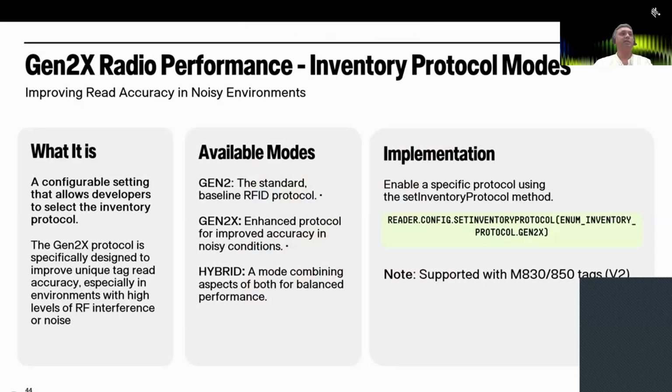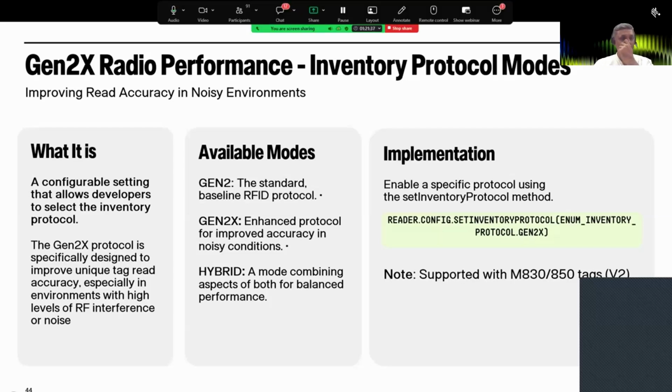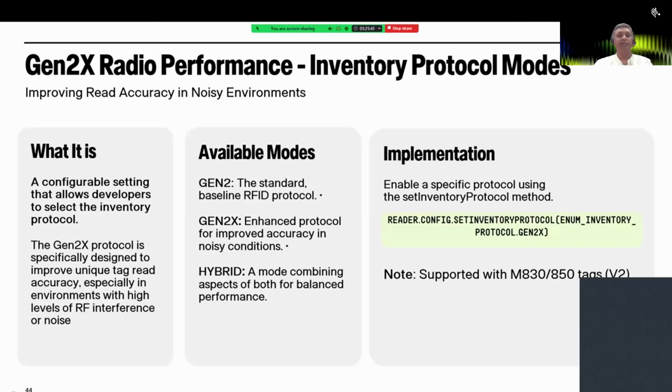In those cases, you can extend the Gen2X radio performance configurations. With this, you achieve better radio performance in cases where the environment could be playing a factor, or it could be a very dense environment, and you are not able to conventionally achieve the read performance.